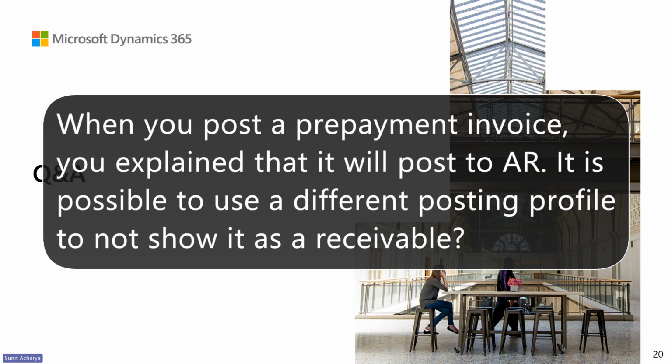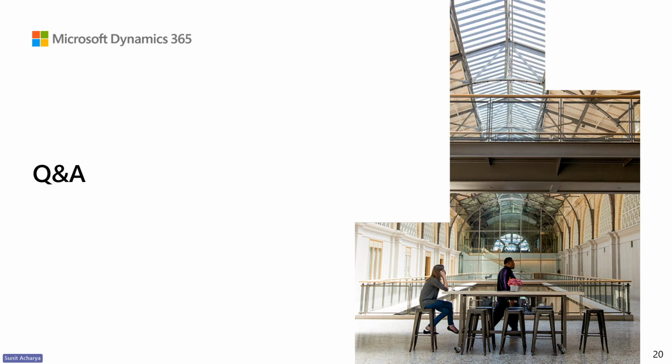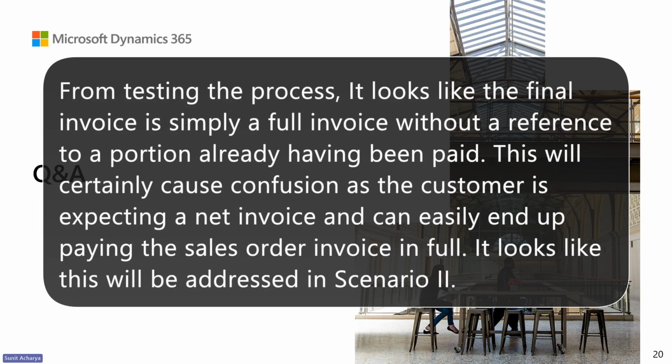And at the moment, as a default, the posting profile just inherits the sales order invoice posting profile, but the user can manually change the posting profile in the prepayment invoice header. So in future, we will provide a configuration for the user to define the default posting profile for prepayment invoices as well.